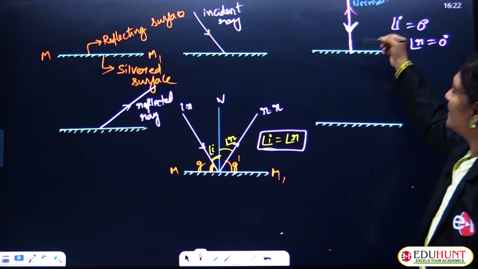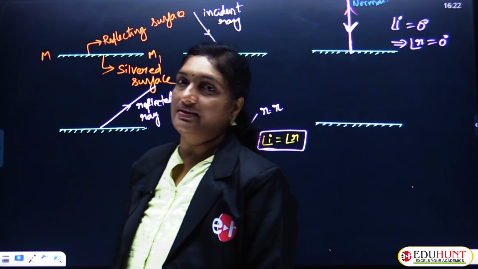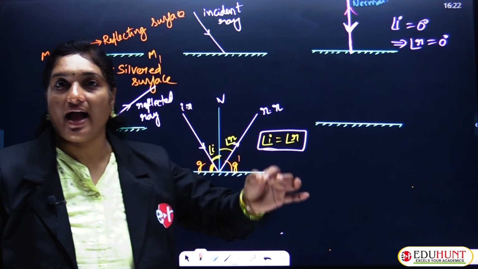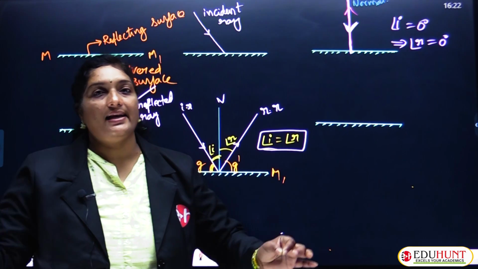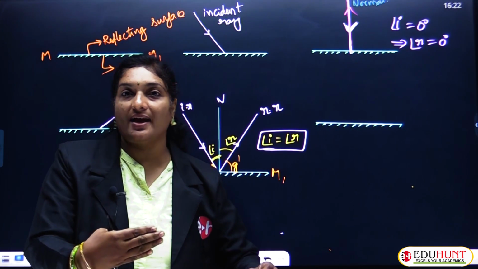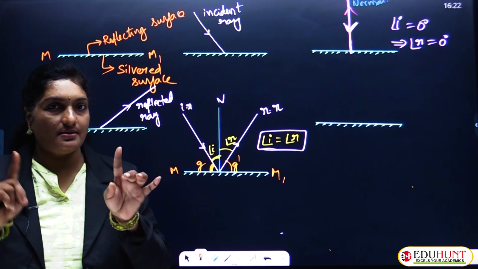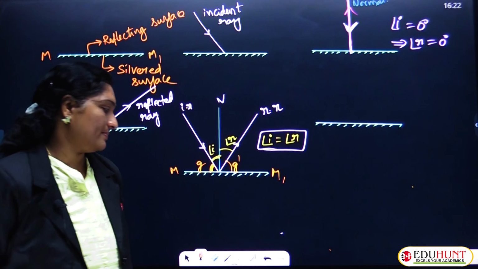The light pink color is the incident ray, whereas the dark pink color indicates the reflected light ray. That is, if angle I is equal to 0, angle R must also be equal to 0. If angle I is 90 degrees, angle R is also 90 degrees. This you have to remember.